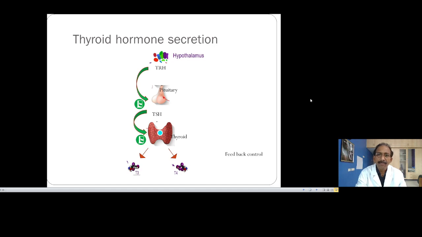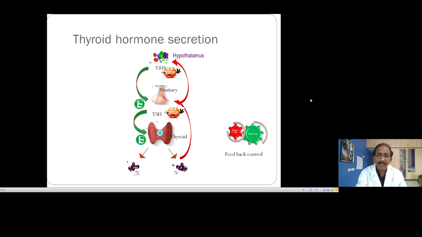Now we have a feedback control loop, which means the secretion is very much controlled by a feedback control system. If the T4 is higher in the blood than the required level physiologically, it has a negative control on the pituitary as well as at the hypothalamic level.